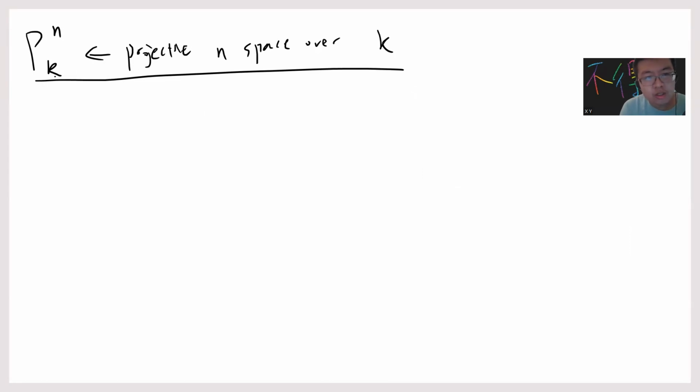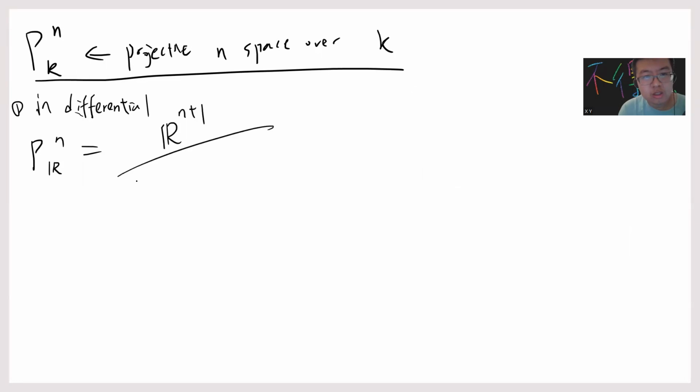If you view K as just R or C, you can define P^n(R). In differential geometry or algebraic topology, the usual definition is that you take R^(n+1) with coordinates x0, x1, up to xn, and you identify it with (lambda x0, lambda x1, ..., lambda xn).